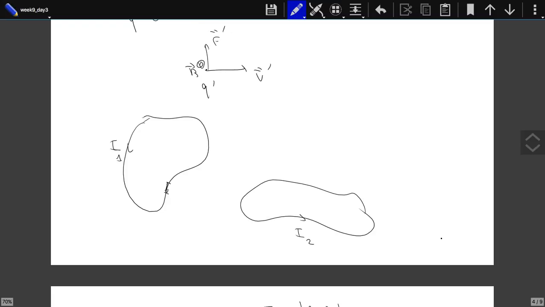So even if the electric and magnetic fields carry some linear momentum, that linear momentum is constant, since they are not changing. So for this system, we should have action-reaction pairs. The force that the first loop exerts on the second one and the force that the second loop exerts on the first one should form action-reaction pairs, so that the momentum will be conserved.